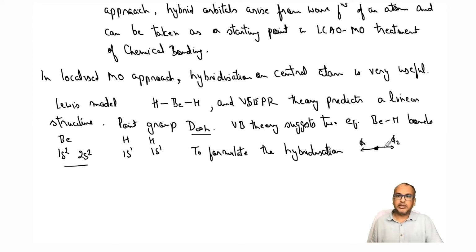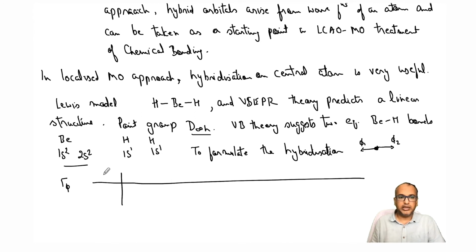Now based on this, under the D infinity h point group, we will create gamma phi, which will be reducible. All right, so how do we do that? Let us list it down. So we have D infinity h. Now this is an infinity point group. Okay, we will see how to work with infinity point groups, but this will be just by inspection and not by following any rules as such.